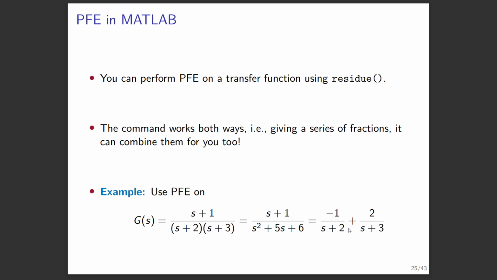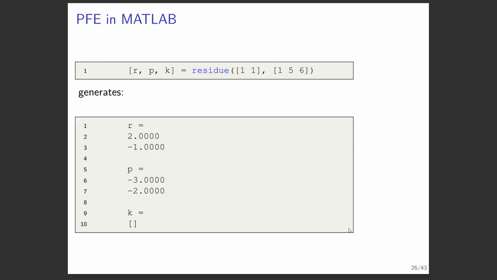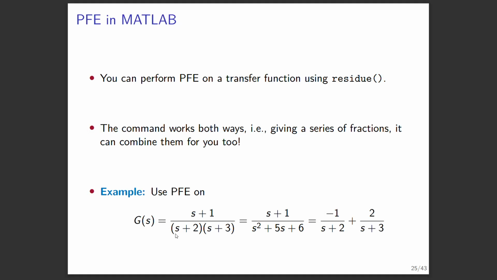If you want to make sure that the results of partial fraction expansion that you compute by hand are correct, you can use MATLAB. The command in MATLAB for it is residue. So let's do this example.